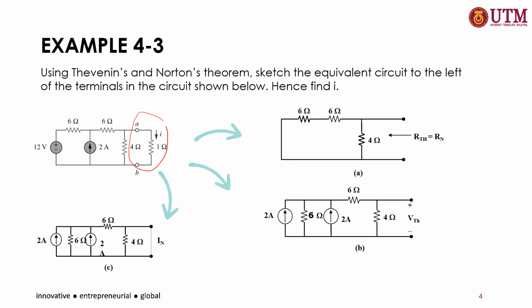In order to find the RTH or R equivalent, we need to open circuit the current source and short circuit the voltage source. So we will get this equivalent circuit.